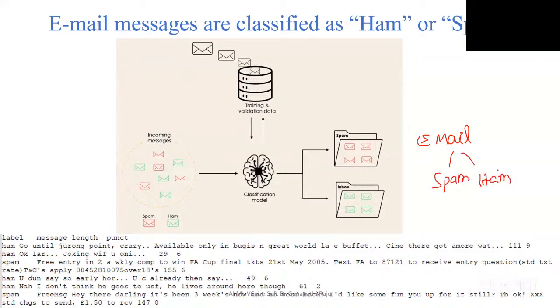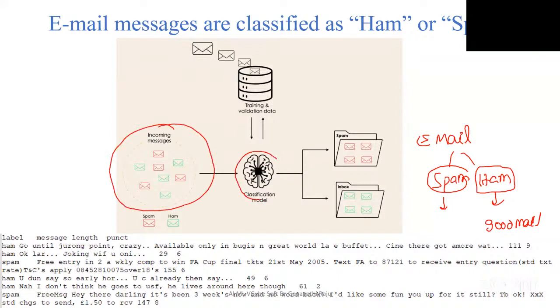Here we have two classes. When the target variable is ham, that is a good mail or good message. When it contains unwanted data, that is spam mail. Our mailbox classifies whether a mail is spam or ham. This is also binary classification. Clear for all of you?